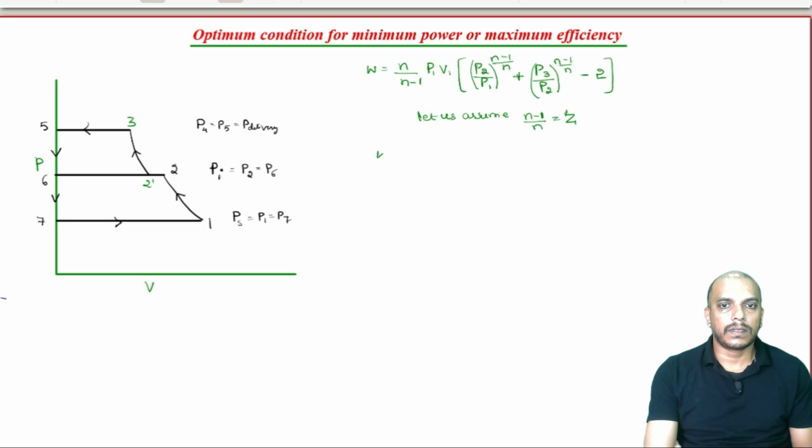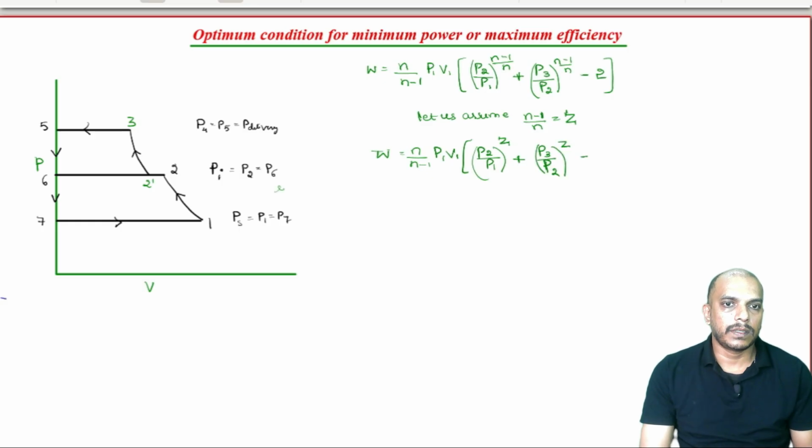Let us rewrite it: n by n minus 1 I will keep as it is, P1 V1, then (P2 by P1) whole power z, plus (P3 by P2) whole power z, minus 2.